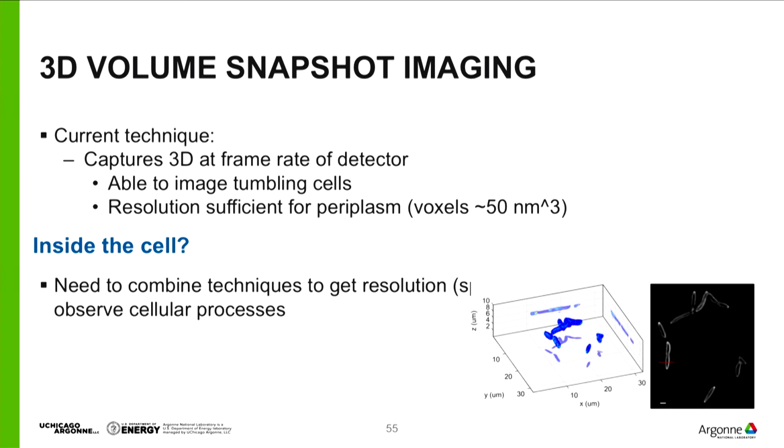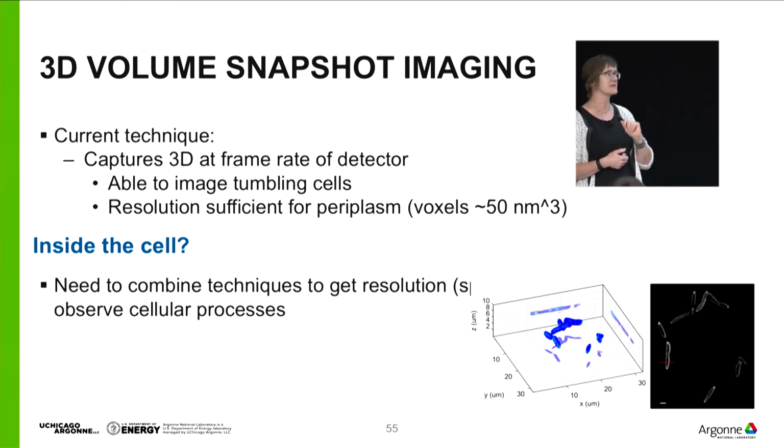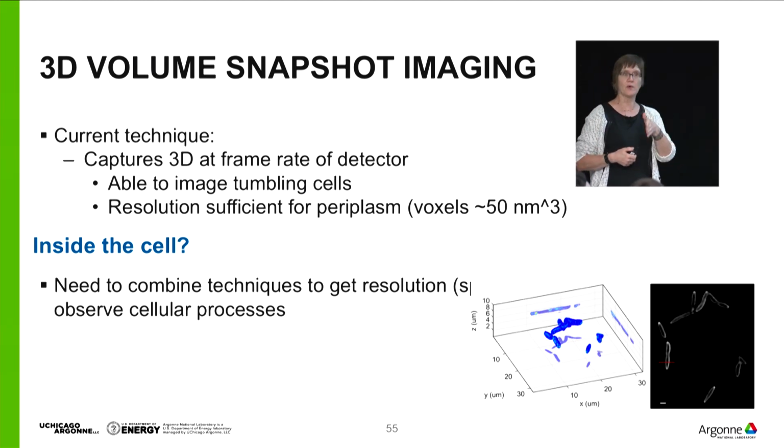Okay, 3D snapshot volumetric imaging. Our current technique captures 3D at frame rates of the detector. So depending on what we're looking at, we can go 30 frames a second, or I guess 25 frames a second for our detector. For the multiple bacteria with the periplasm, we needed a longer acquisition time because it was not very bright, and that was at 2 frames a second, but that's still reasonably fast.